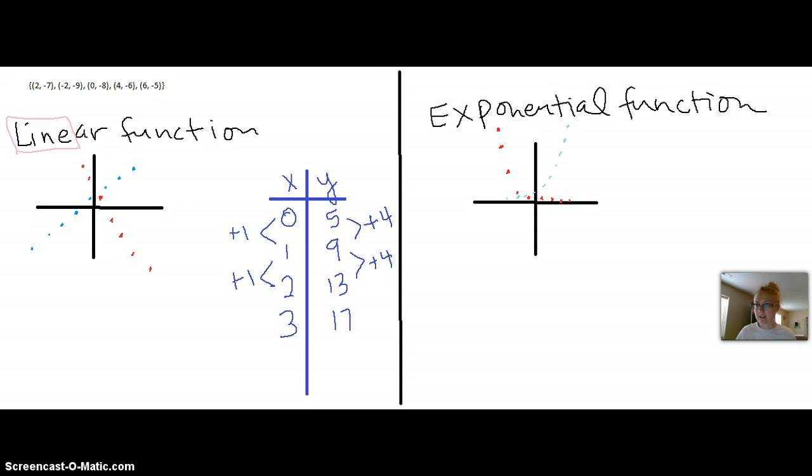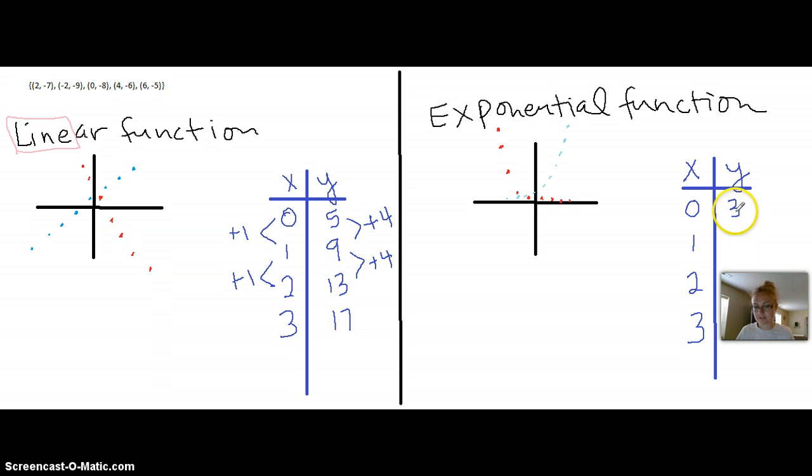Okay, now we're going to contrast that with an exponential function. So here, let's do a nice little x and y chart. And we're going to get something that looks a little bit different, as you may expect. Okay, we'll start out the same here when x is 0, 1, 2, 3. Now when x is 0, we're going to say that y is 32.